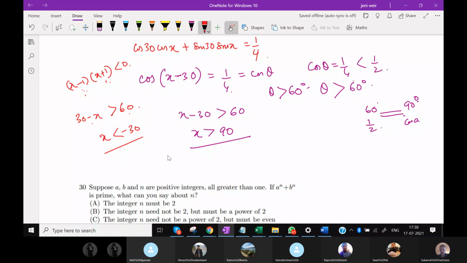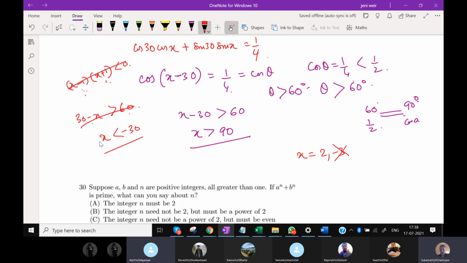Or suppose you're solving a quadratic which is related to the number of people. A number of people cannot be negative, so you are getting a value of x as 2 and minus 3. So you discard minus 3, you take 2. Correct?